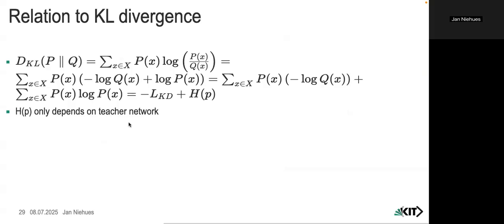And that is important to keep in mind. If you're training now, of course, the teacher network is what we have. We are only optimizing our student network. So by optimizing the cross entropy, we are also optimizing then our Kullback-Leibler divergence. So we're trying to make these two probability distributions as similar as possible.